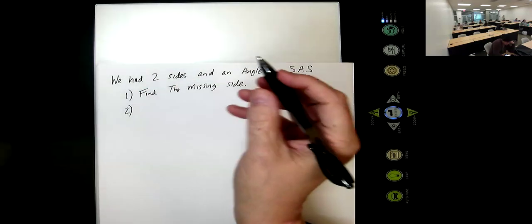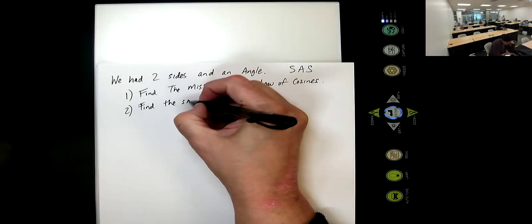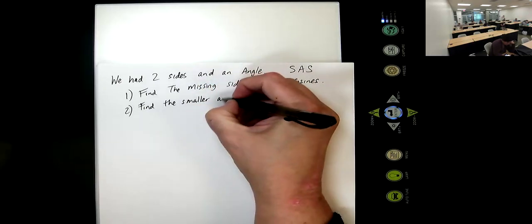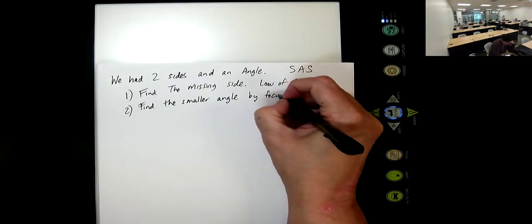Then you need to find one of the two angles. Find the smaller angle by focusing on the shorter of the two sides.